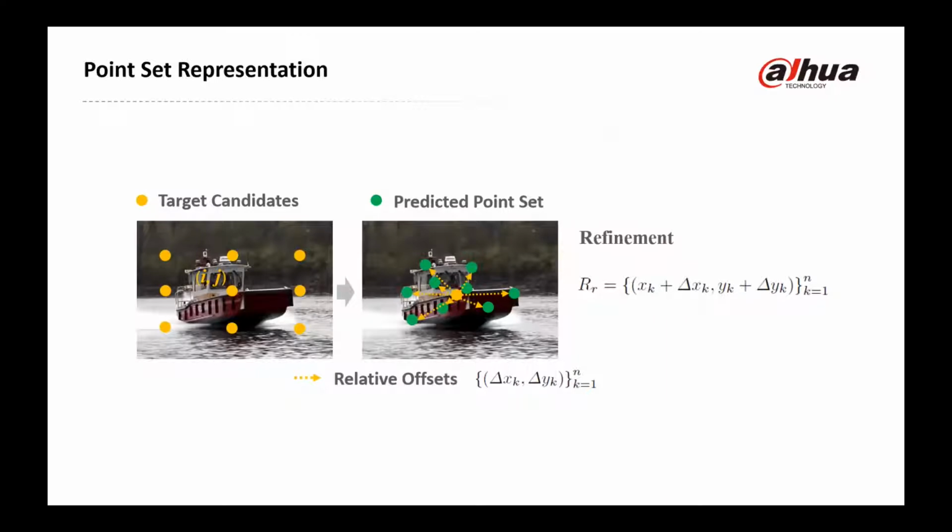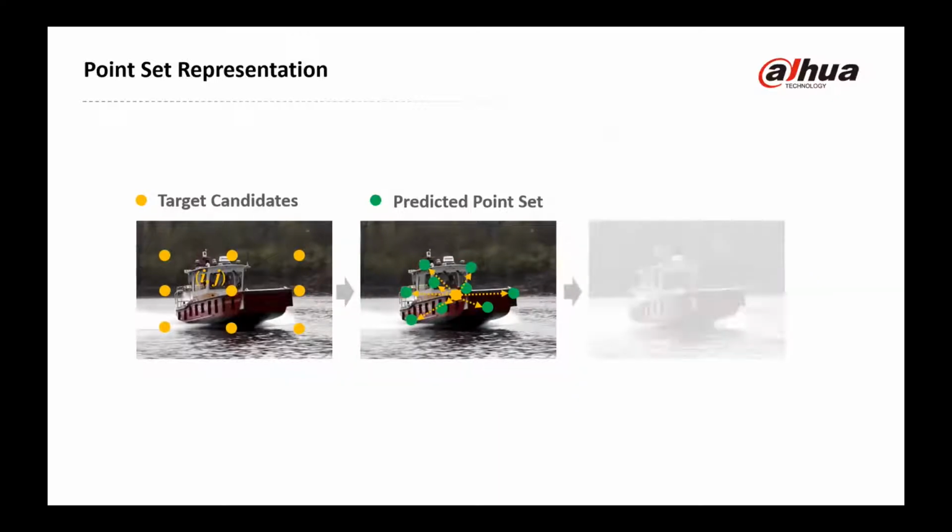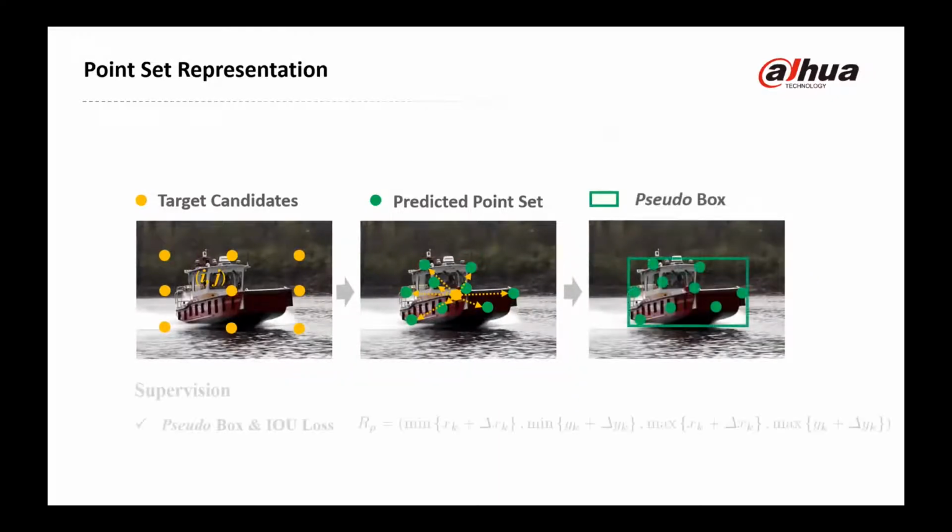In the field of visual tracking, the target region is generally annotated with a bounding box, which is inconsistent with the point set representation. In order to utilize the bounding box annotations for supervision, we perform a min-max operation over the refined point set, obtaining a pseudo box.